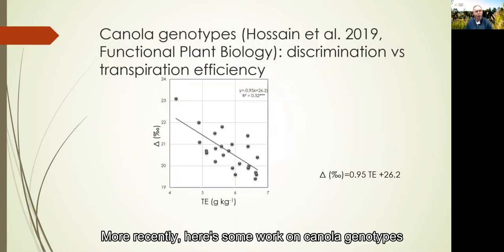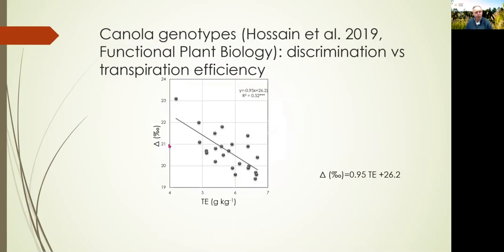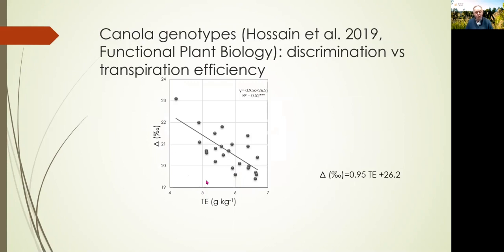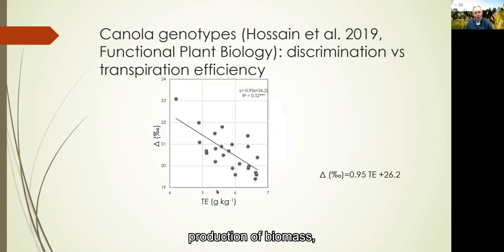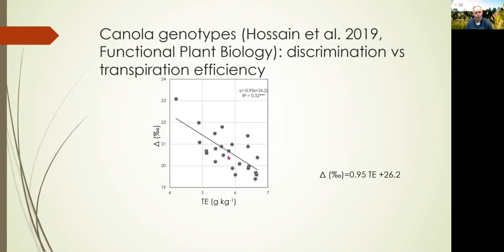More recently, here's some work on canola genotypes, where we plotted the other way around, carbon isotope discrimination against transpiration efficiency. This is, once again, the transpiration efficiency for production of biomass, not yield. So it's leaves and roots and shoots all lumped together.